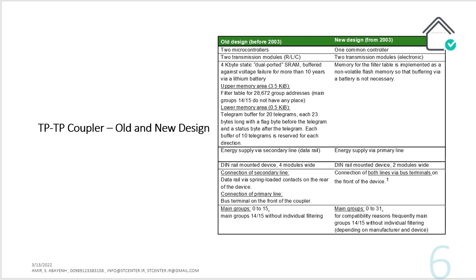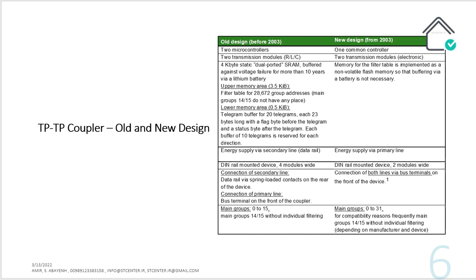But nowadays, after 2003, the information is written on EEPROM, and when we do not have power supply, the information remains on the device. Then, of course, before it was much bigger, and now it's thinner.